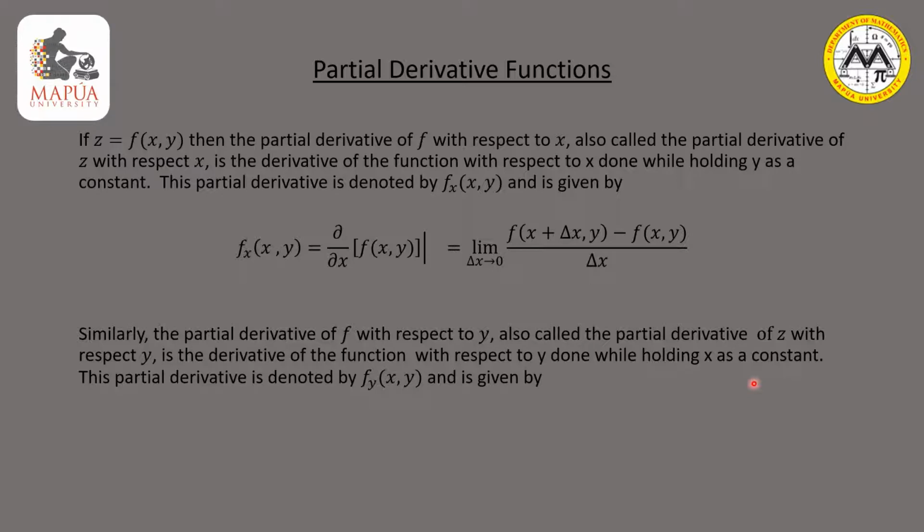This partial derivative is denoted by the symbol partial derivative of f of xy with respect to y, and is given by the limit of the difference in the functions f of x, y plus delta y, minus f of x, y, divided by delta y as delta y approaches 0.